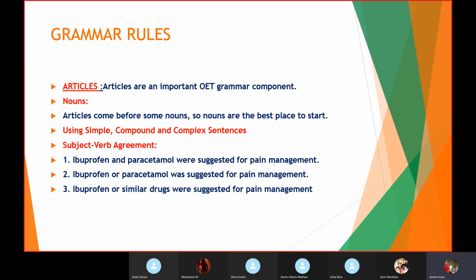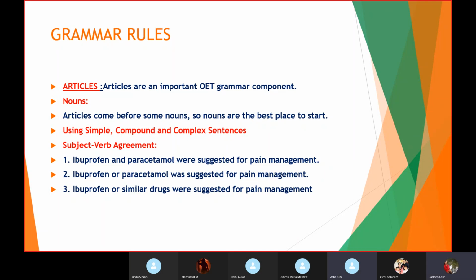Compound. Can anybody give me an example of a compound sentence? Mr. X has had hypertension since, for which he is.